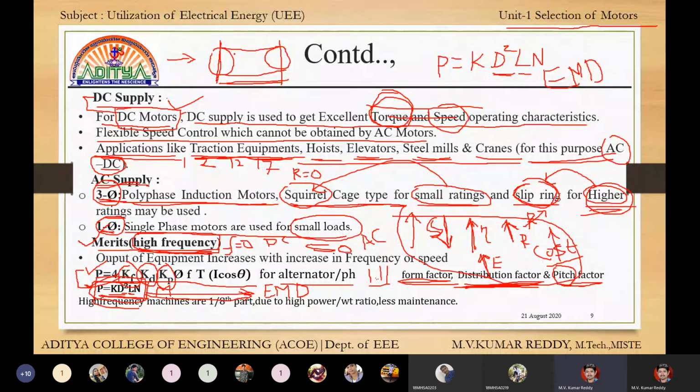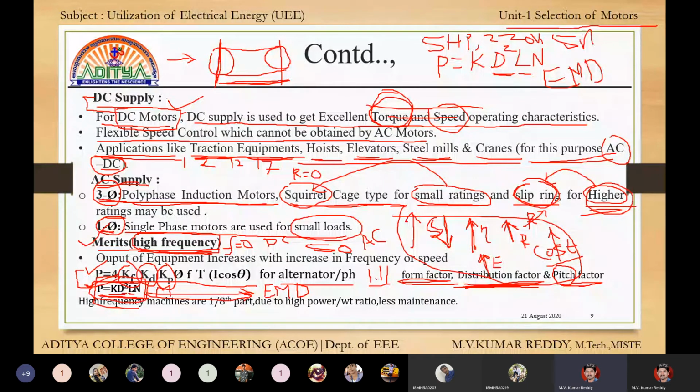Using these two parameters, diameter and length, we can design one motor with given specifications. Suppose a motor is a 5 HP motor, 220 volts, 5 amperes.